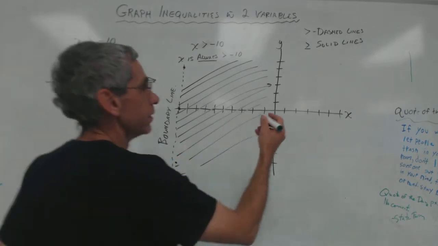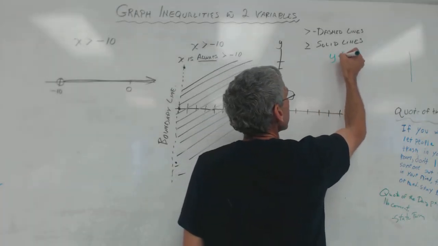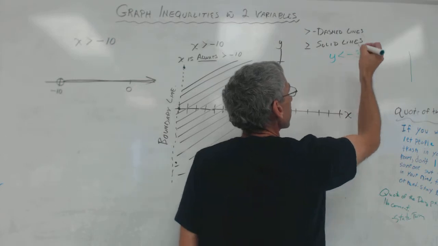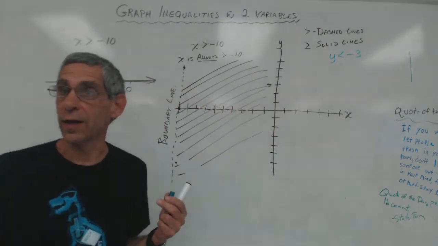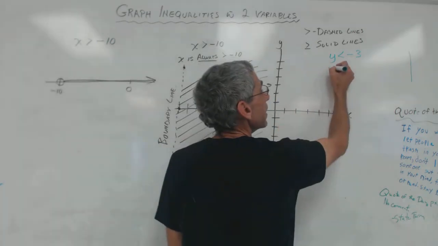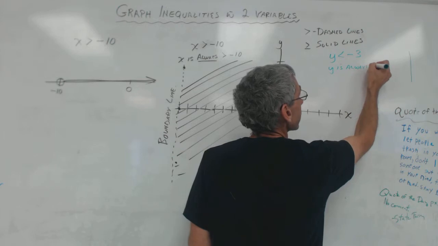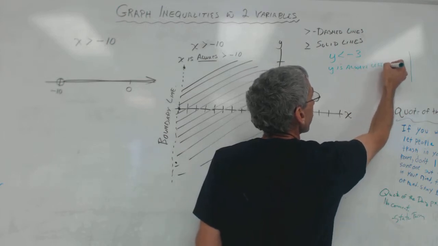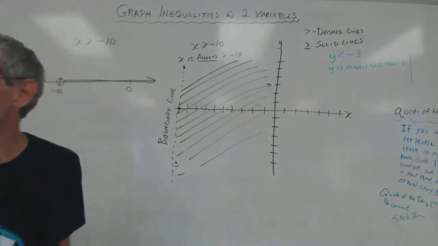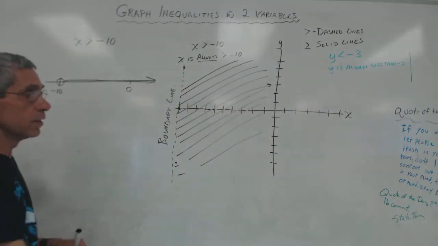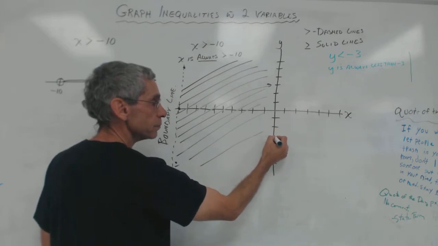Okay. Let's say y is less than -3. So how would I do that? Well, that means y is always less than -3. It makes no difference what x is. Y is always less than -3. So I go down on the y-axis to -3, I put a dot.